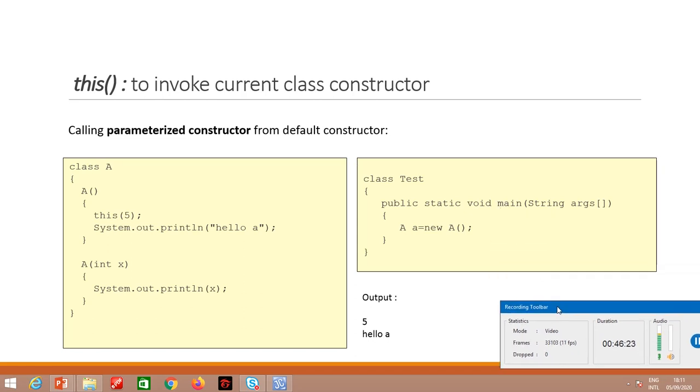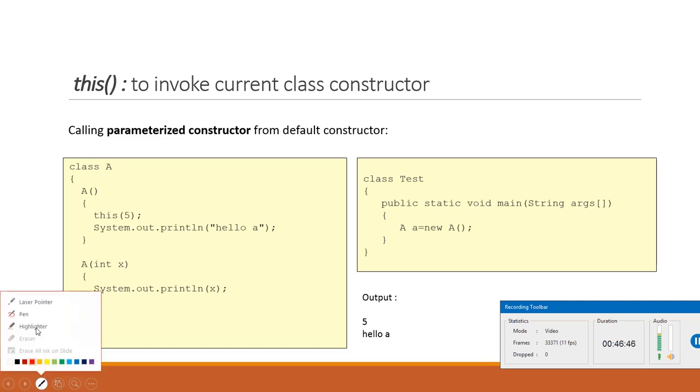Now what we have done in this class, again I have two constructors. Now from the parameterless constructor, I am calling the parameterized constructor, the one that I wanted to show you in the previous class. Because of inheritance I couldn't show it, so this is a simple class. So you can call a parameterized constructor from the default constructor. In this case, we have made the object using the default constructor.